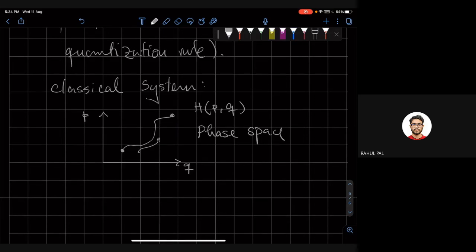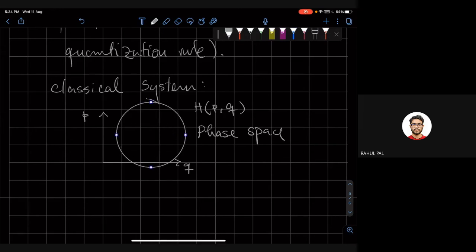And what Wilson and Sommerfeld said was that we can't quantize an arbitrary classical system, but they came up with a rule to quantize periodic classical systems. And the idea was that a periodic classical system essentially will have some kind of closed orbits, right?